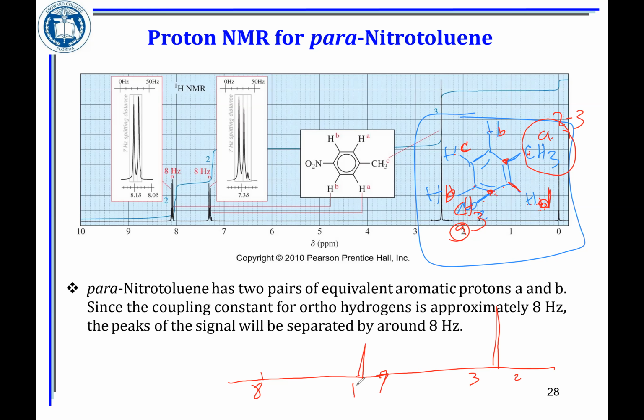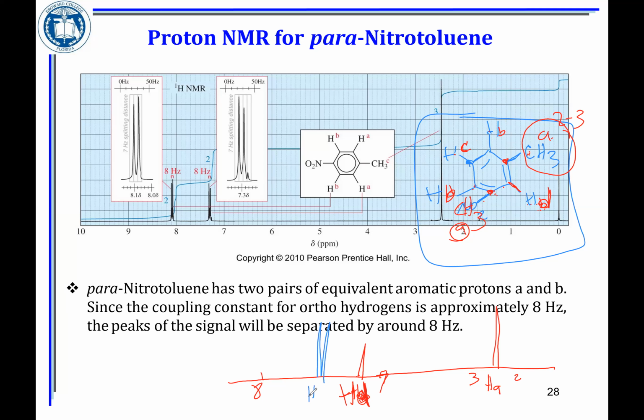So we have hydrogen B. This is hydrogen A. I'm sorry, D. I said D, okay, this is hydrogen D. Now, hydrogen B is attached to a carbon with 1 other hydrogen, so hydrogen B is going to be a doublet.